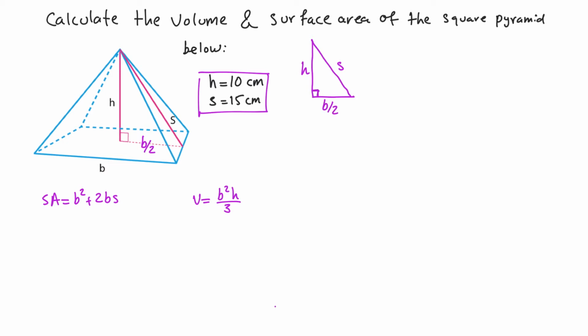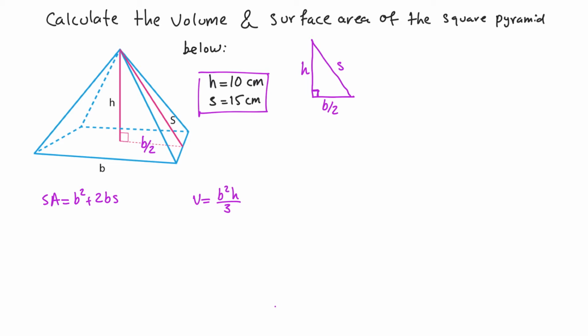So again, I have my slant height, I have my height, and I have B over 2, which is the length of the side of the square divided by 2. Now what I'm trying to find is my B value so that I can plug it into here.